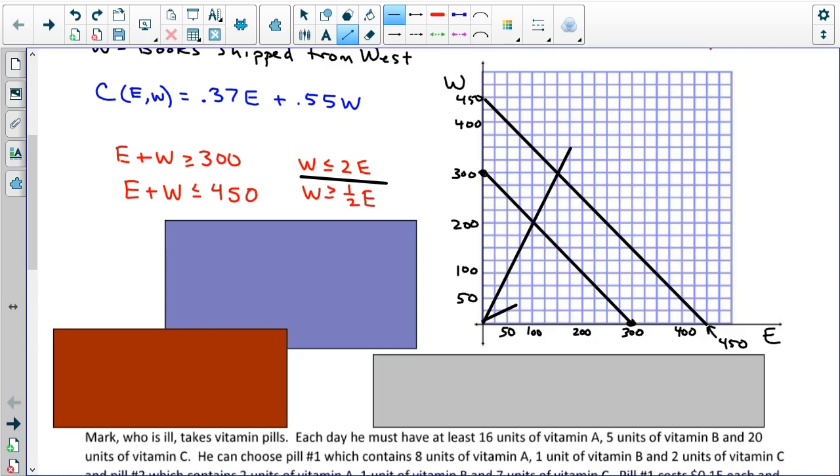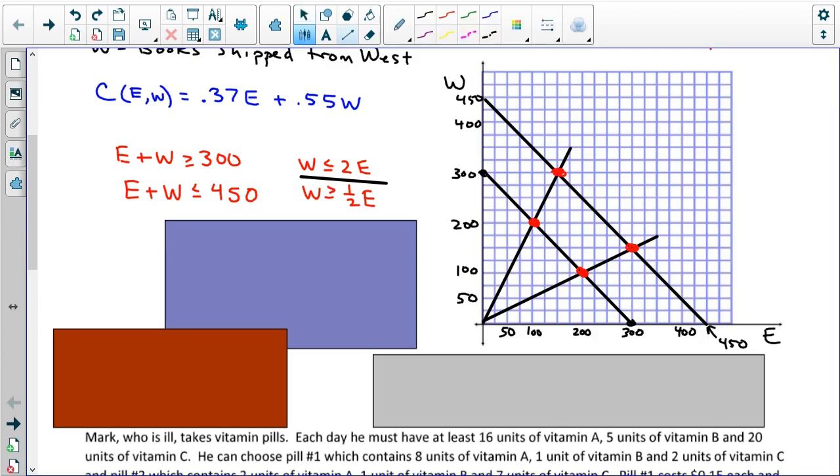Then I also need a slope of 1/2, and that's good enough. So I end up with 4 intersection points: (200, 100), (100, 200), (150, 300), and (300, 150). All of these seem to make sense.